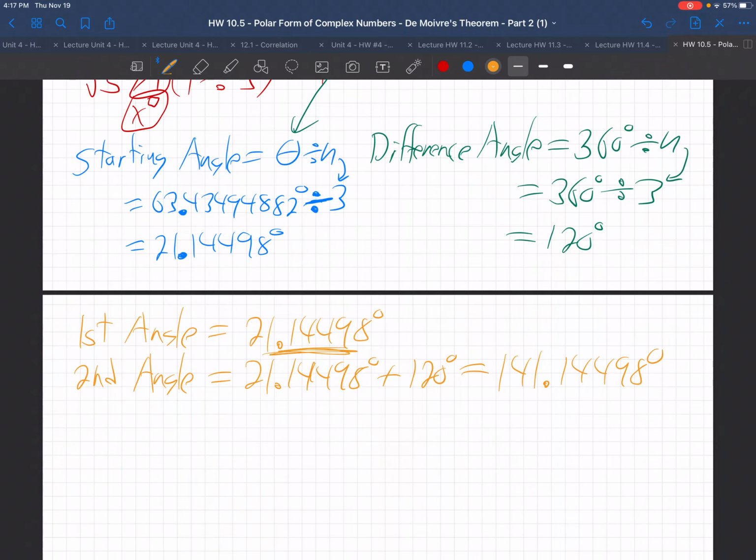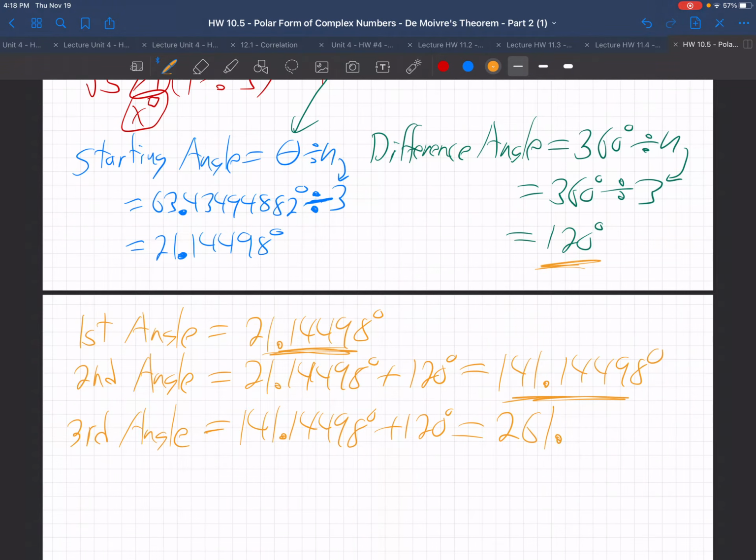So there's our first angle, there's our second angle, and then our third angle. What's that going to be? It's going to be the last answer, the 141.14498 degrees, plus 120. Right? The note said you just keep adding the difference, whatever that is. So that's going to be 261.14498 degrees. So there's the third angle.